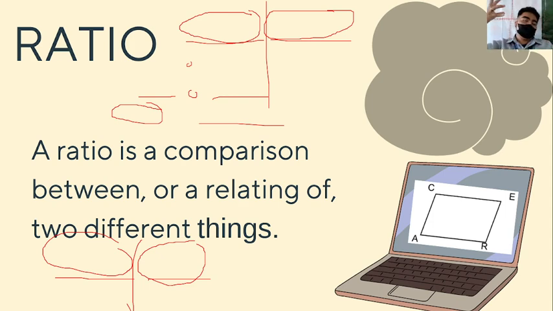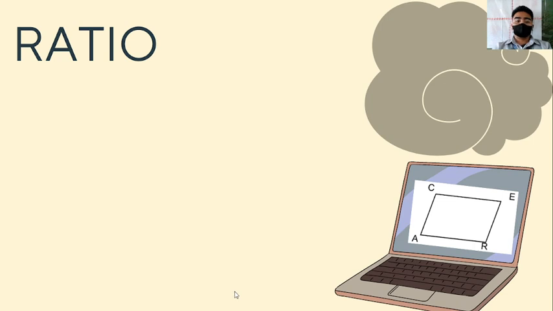But in math, if we say ratio, more likely we use numbers. So we are going to compare two objects using numbers, because objects carry numbers by their value. Of course, they always have values. So that is for the ratio.